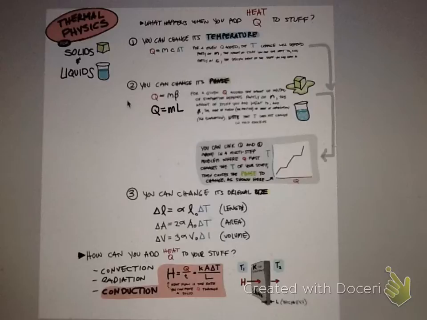So with a thicker piece of styrofoam, you have a bigger number in the denominator, it would reduce the rate of heat transfer. If you have more area in contact, if you have bigger windows in your house instead of smaller windows, you will increase the area. Increasing the area will increase the rate of heat transfer.